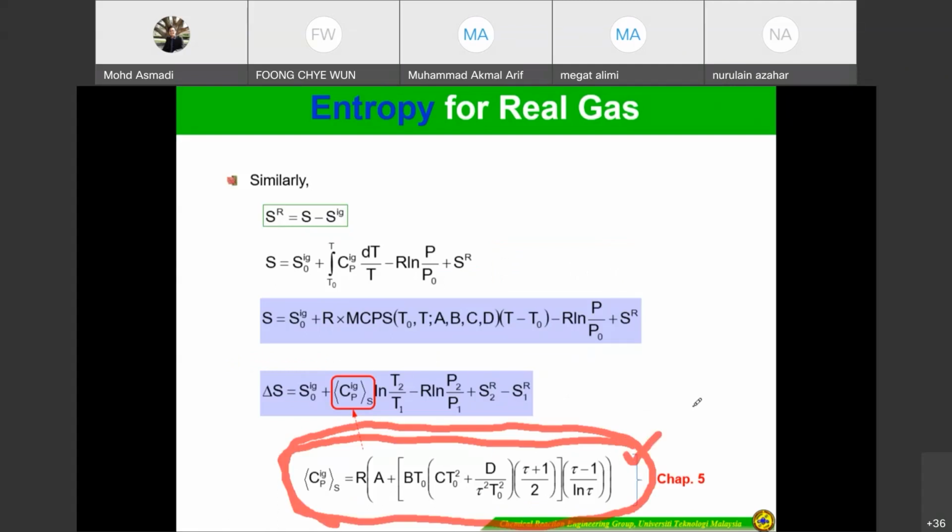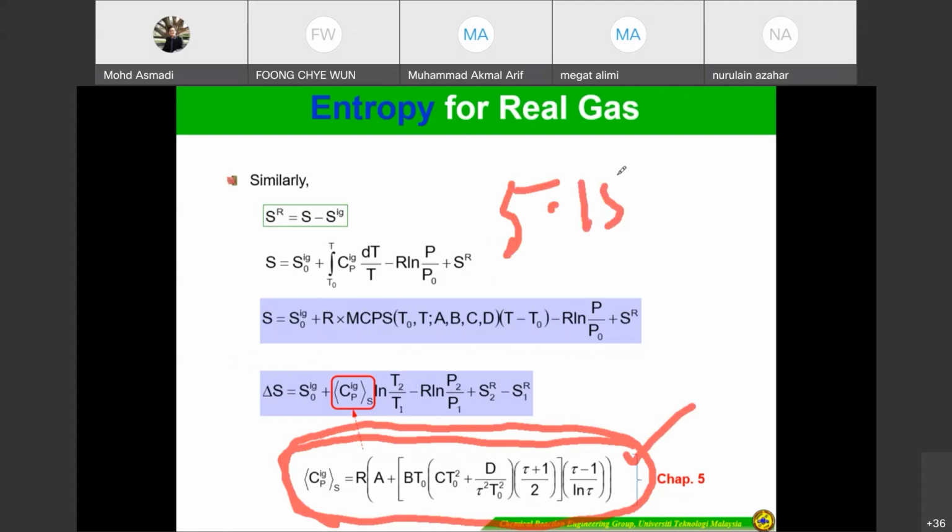Please look here at chapter 5, I don't know which page, MCPS. In the old book, equations 5.17 and 5.15. I think the new books are similar.